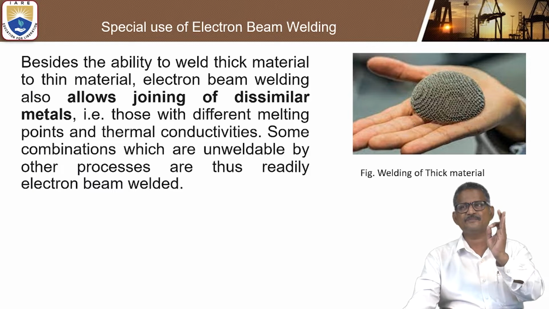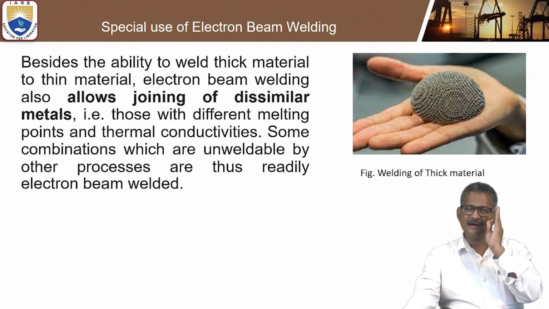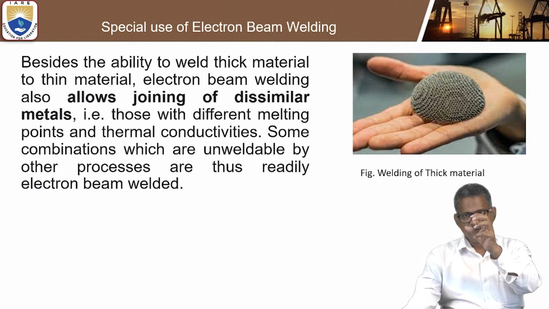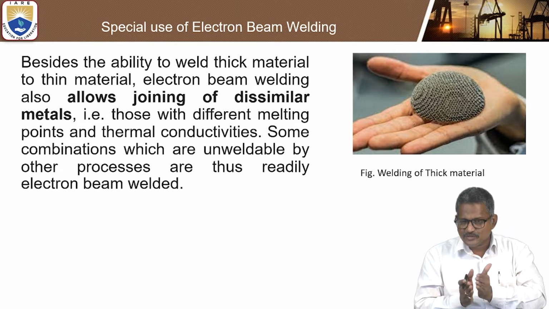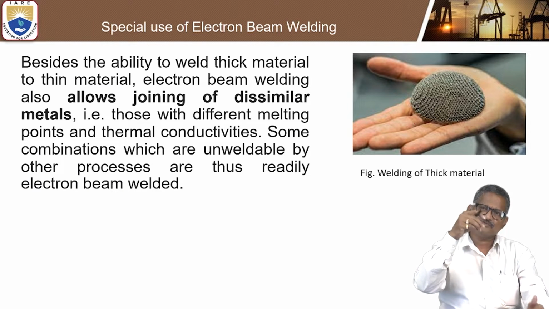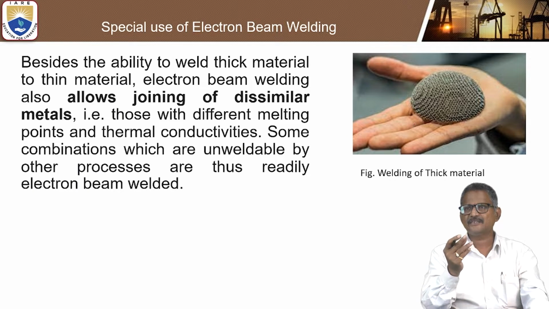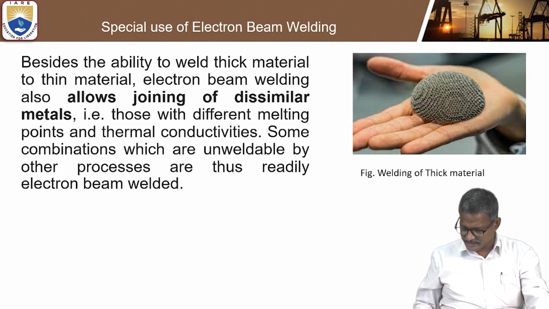That is why it has a special use, where the high velocity, high energy flow of electrons passes through a small opening and is intentionally focused on a point, and only at that particular point the heat is generated so that the joining can be done effectively.